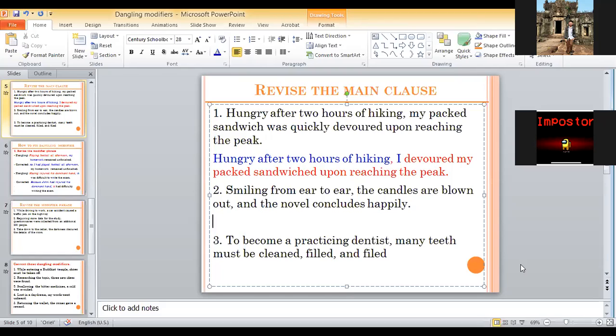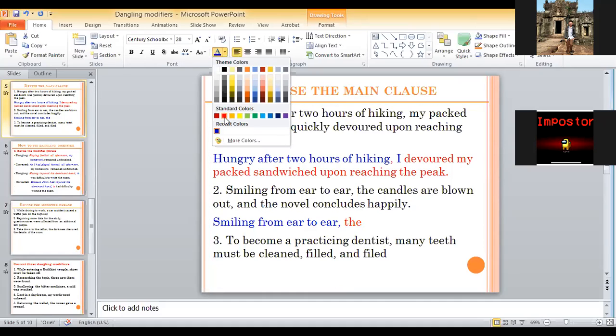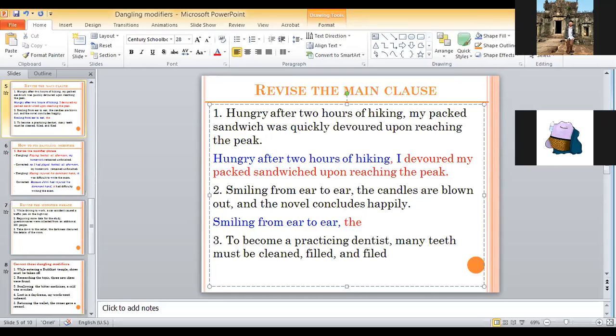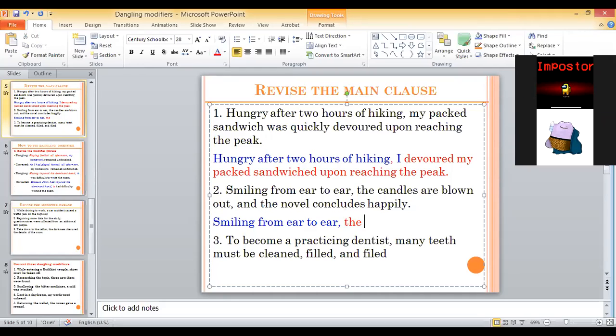Smiling from ear to ear. The candles are.